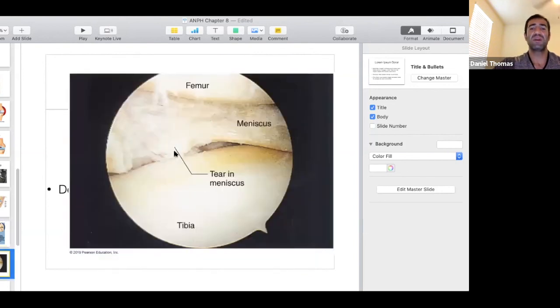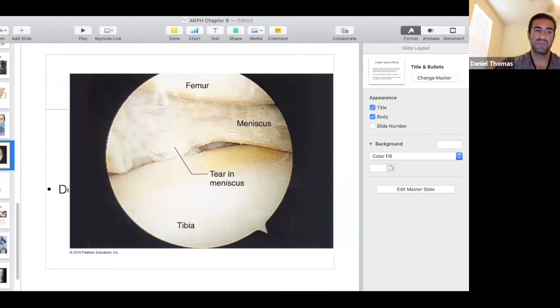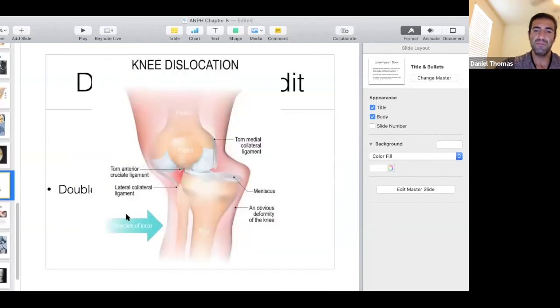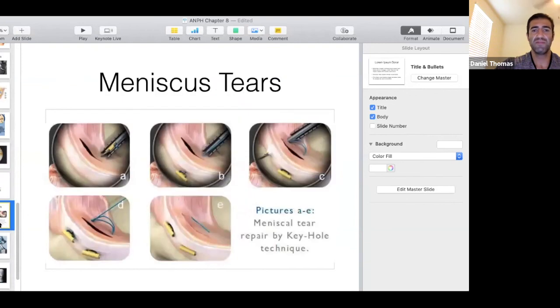And this is what a meniscus tear looks like. You can see that even though it's a strong cartilage, it still is prone to tear. And usually what they do is if it's in a location where it can't heal itself, they normally just take out the floating pieces. Okay, that's another picture that I have.